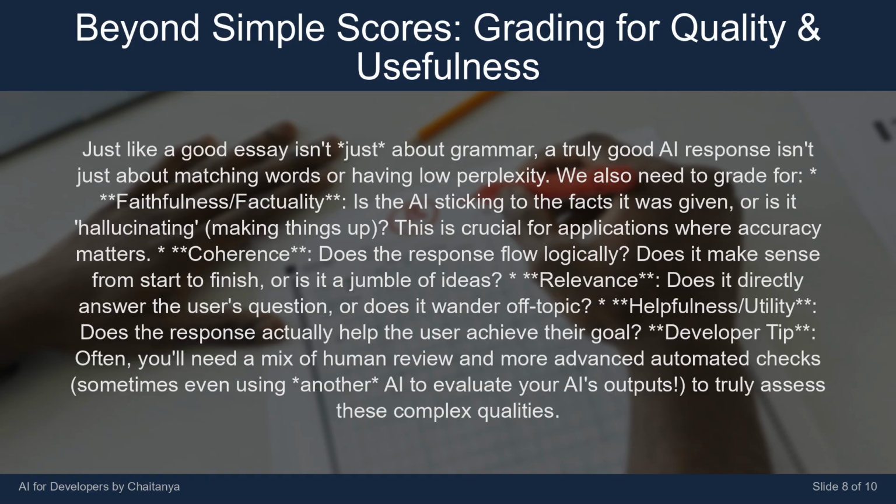Or is it a jumble of ideas? Relevance. Does it directly answer the user's question? Or does it wander off topic? Helpfulness, utility. Does the response actually help the user achieve their goal? Developer tip: often, you'll need a mix of human review and more advanced automated checks, sometimes even using another AI to evaluate your AI's outputs, to truly assess these complex qualities.